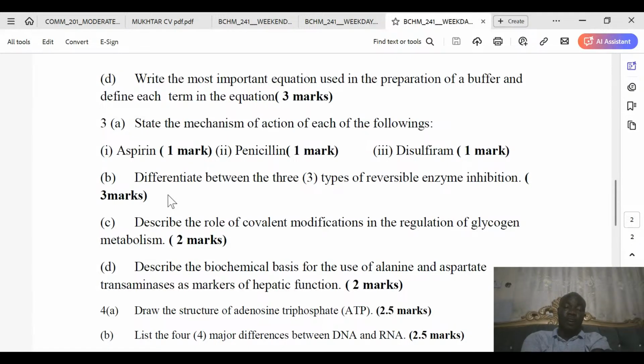So with aspirin, you can inhibit that enzyme. Once the enzyme is inhibited, then there is a likelihood the headache and the pain will be reduced. So you see, the mechanism of action of aspirin is to inhibit the activity of cyclooxygenase.